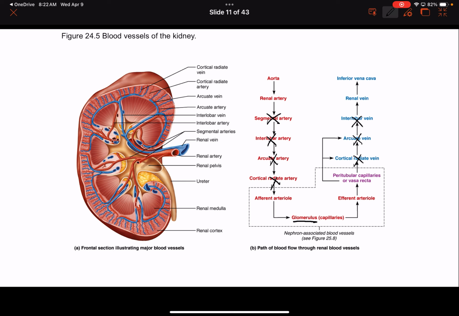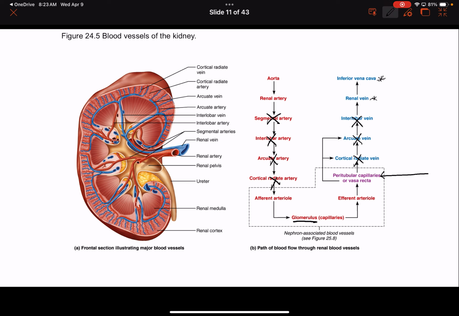On the next part of that tracer drop, the one we're going to deal with the most is peritubular capillaries. Underneath that, you can put or vasa recta, and I'll explain the difference between those two in a second. Then we exit the kidneys through the renal vein and eventually go to the inferior vena cava, back to the heart.